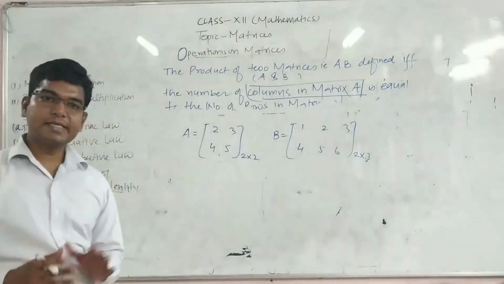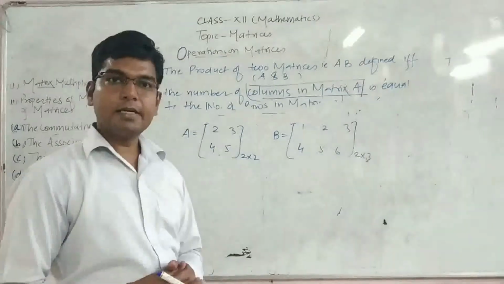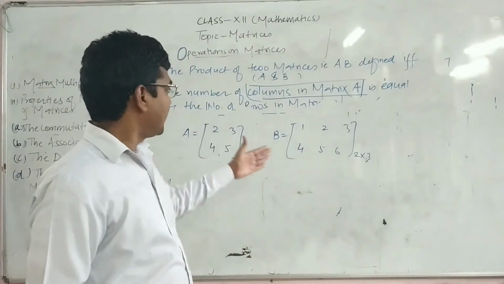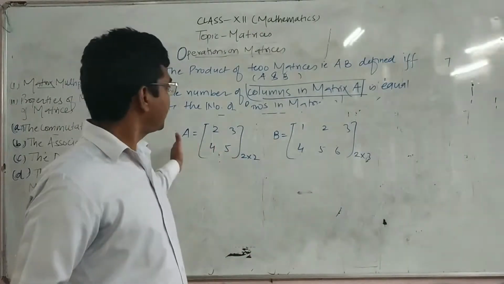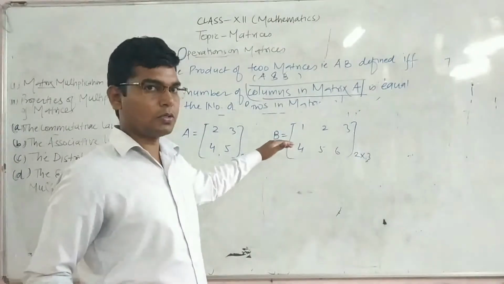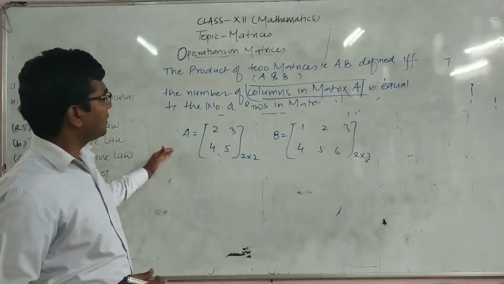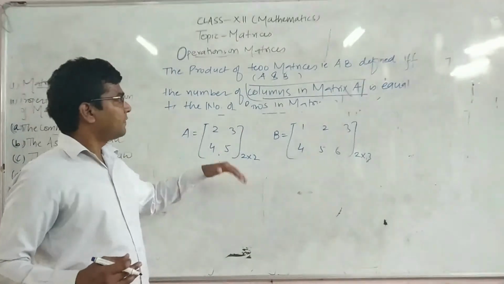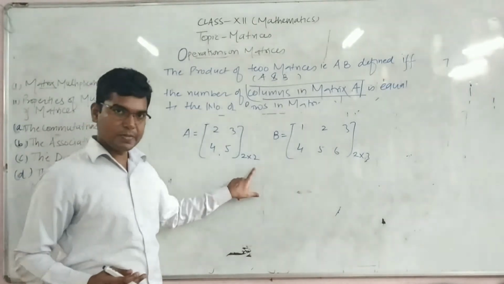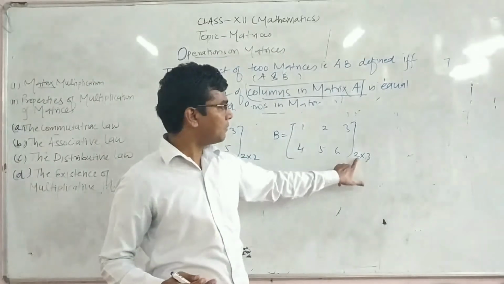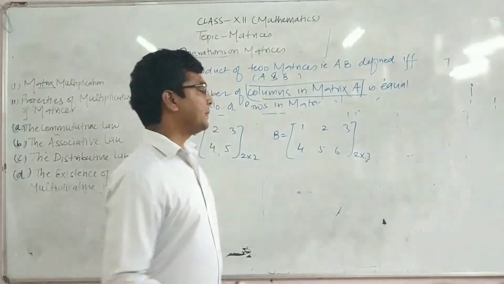So first of all we will check again whether the multiplication of these two matrices is possible or not, meaning AB is defined or not. What is the meaning of defined? Defined means the number of columns in the first matrix must be equal to the number of rows in the second matrix.